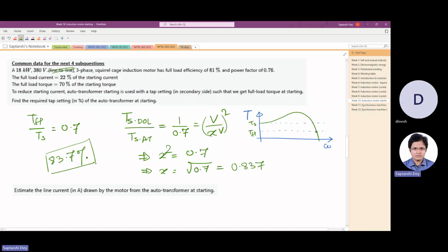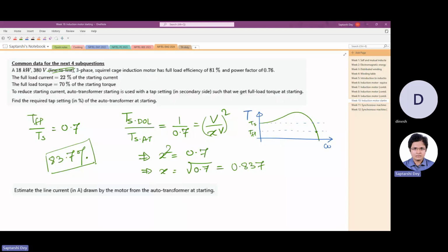Is it understood? So like this, it is given the full load torque is 70% of starting torque. So how do you take this full load as the direct online starting torque? No, full load torque is not direct online starting torque. You look at the torque speed characteristic first.